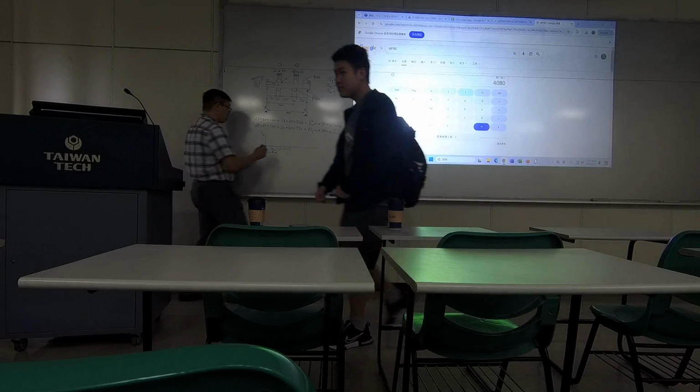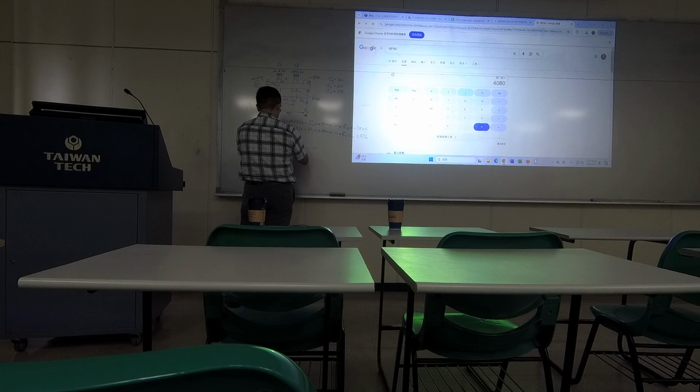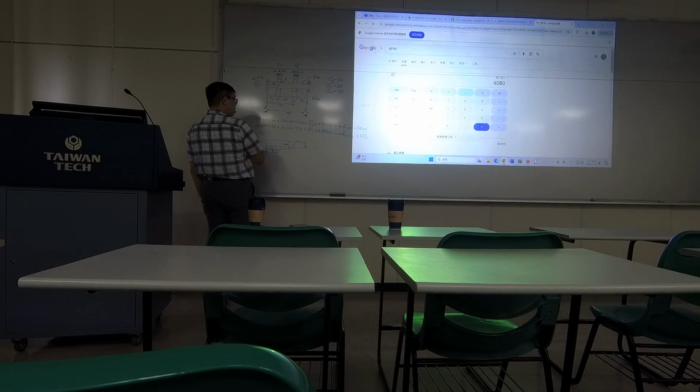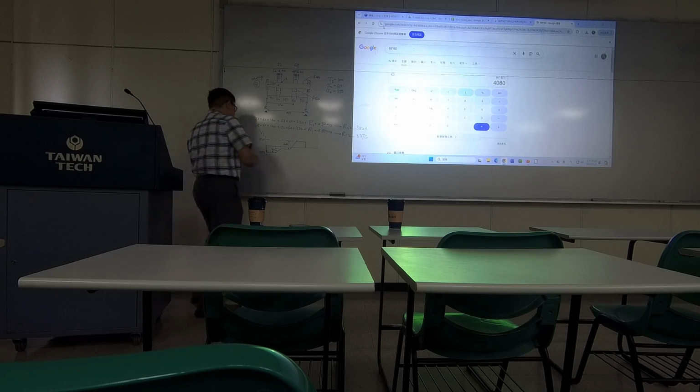So 4080. Here, 4080. And then go to the right, go down. So here should be, supposedly, 3824. Okay, so that would be your shear diagram.